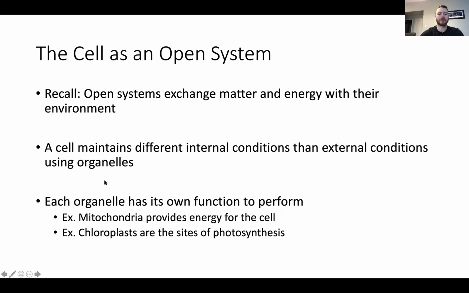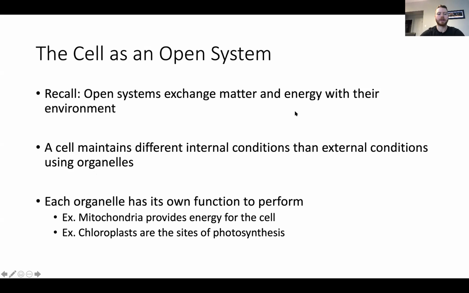Okay, so cells want to maintain cellular conditions so they do not die. This is done by the plasma membrane, the outside of the cell, and we'll talk about that a little bit later on today. Each organelle has its own function to perform.